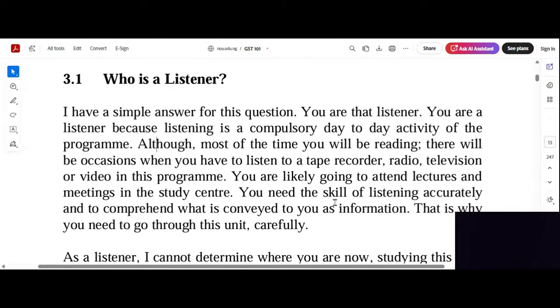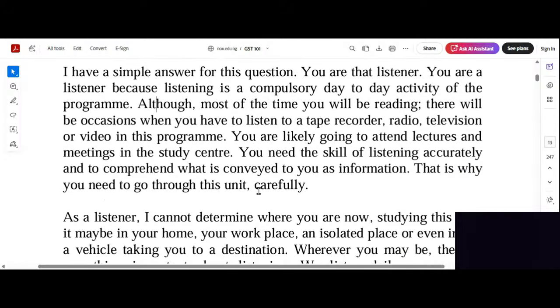Now, you are likely going to attend lectures and meetings in the study center. Now, nothing like that. You just attend your lectures on Zoom meeting or other avenues like the one we are doing right now. So you need the skill of listening accurately and to comprehend what is conveyed to you as information.